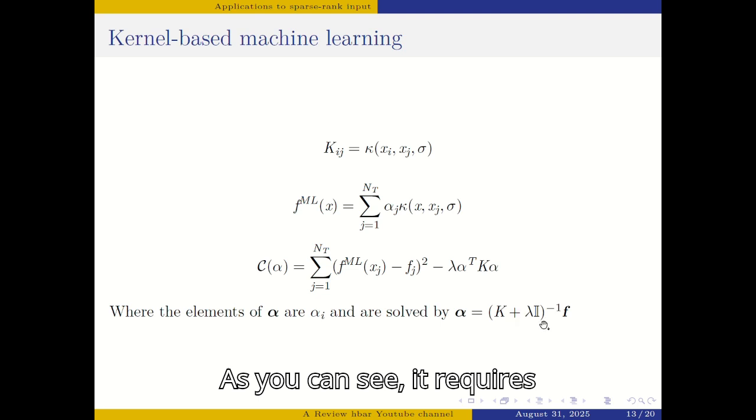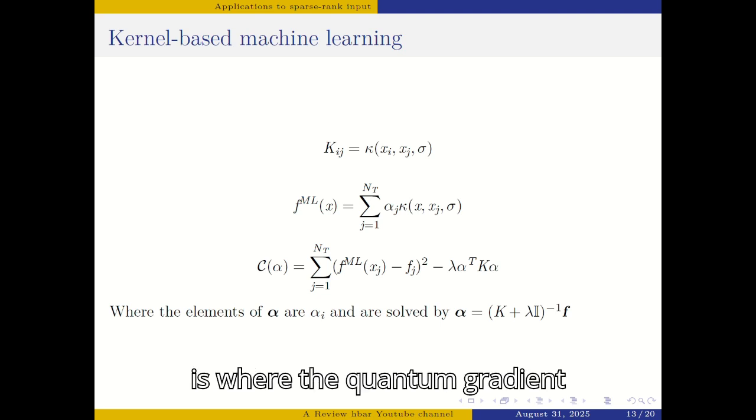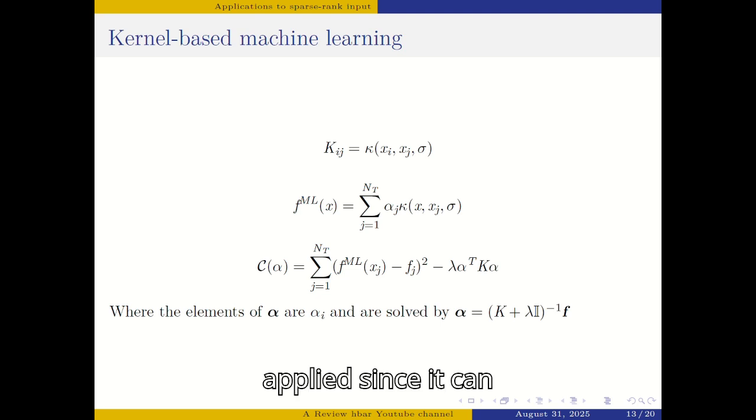As you can see, it requires the inversion of a matrix. This is where the quantum gradient logarithm determinant can be applied, since it can efficiently perform this inversion.